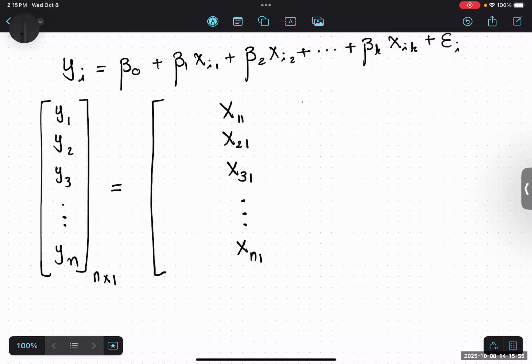And you can do something similar for your second variable. Let me first list all the individuals, get the idea. So individual 1, 2, 3, up to n, for my variable 2. Clearly, you will continue doing something similar to the second variable, third variable, up to your k variable.